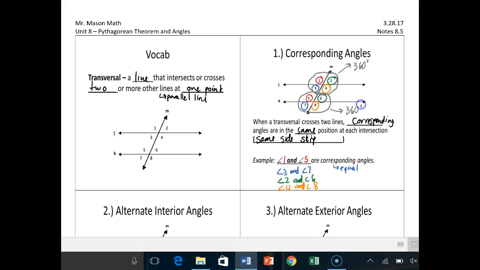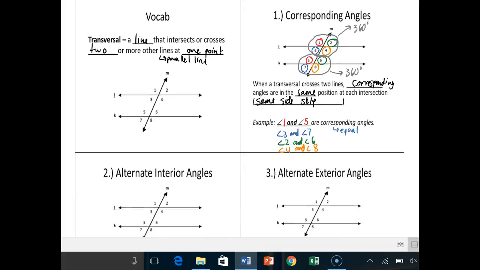This is important because we're going to have a lot of supplementary relationships. So like 1 and 2 would be supplementary, or 2 and 4 would be supplementary. Why? Because they're lying on these straight lines, right? Also going to have a lot of vertical relationships, like 1 and 4 would be vertical, 2 and 3 would be vertical, 5 and 8 would be vertical, 6 and 7 would be vertical. So it's important to keep the vocab terms that we've already learned in mind when doing these as well.